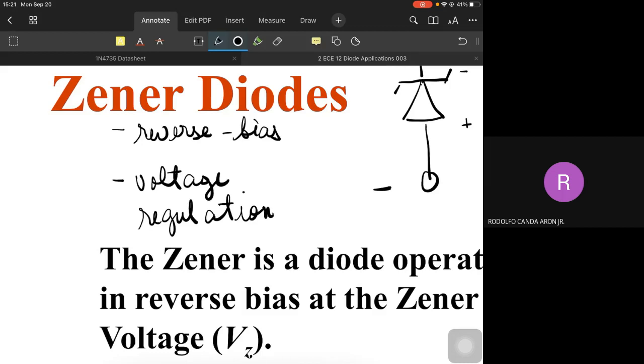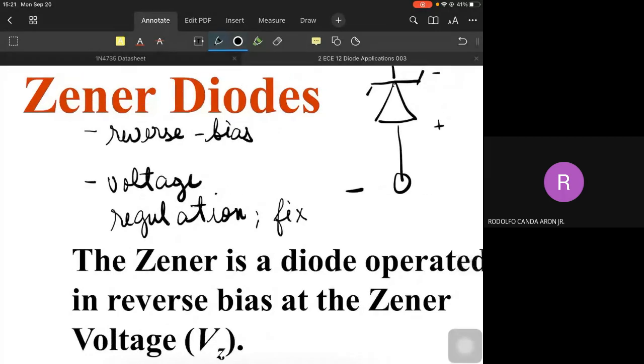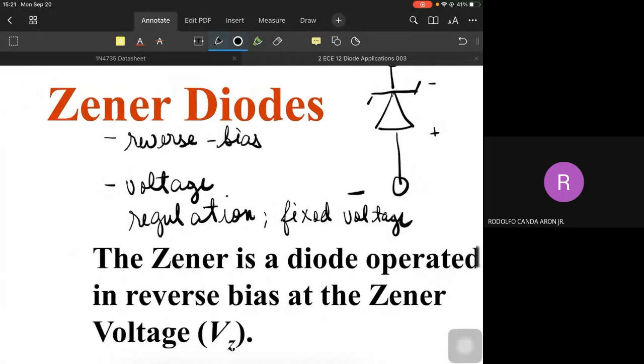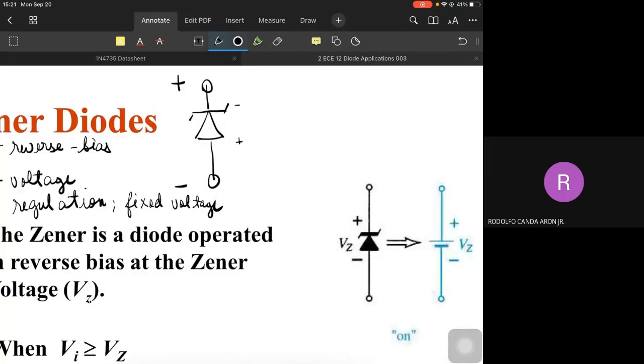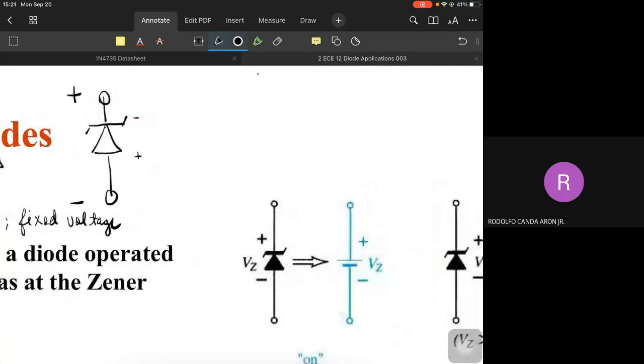No? So when you say voltage regulator, it will create a fixed na potential. No? Fixed voltage. So remember before that approximately this is the characteristic curve of a diode.